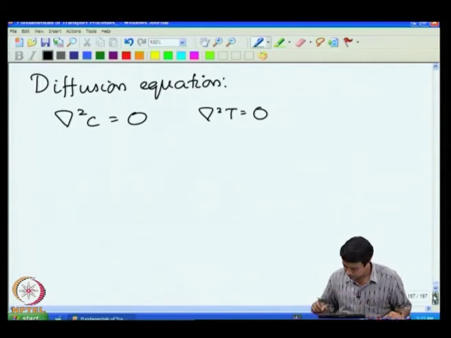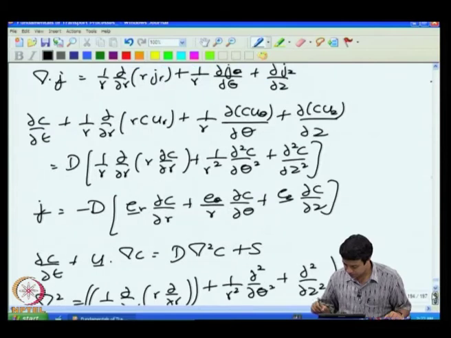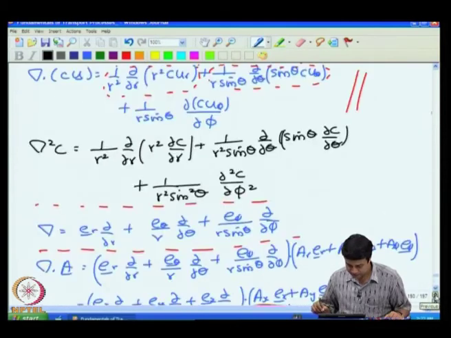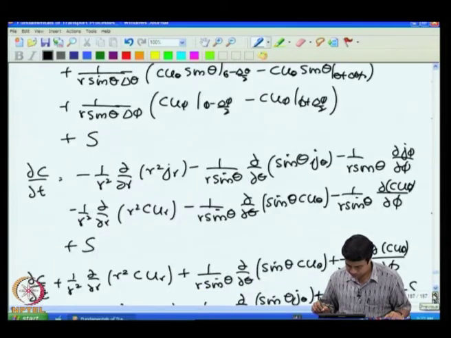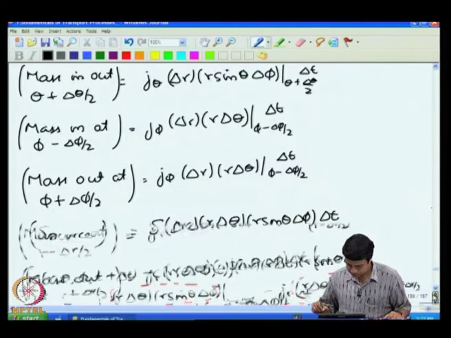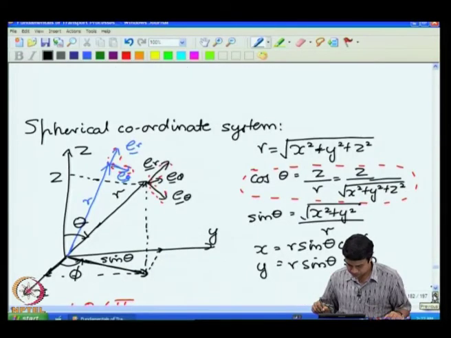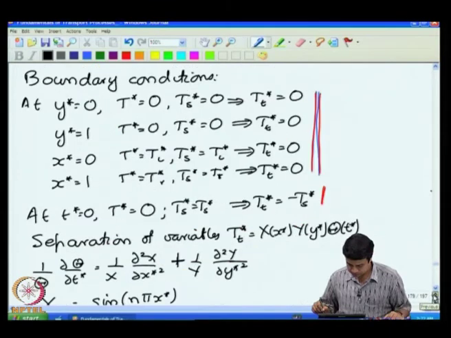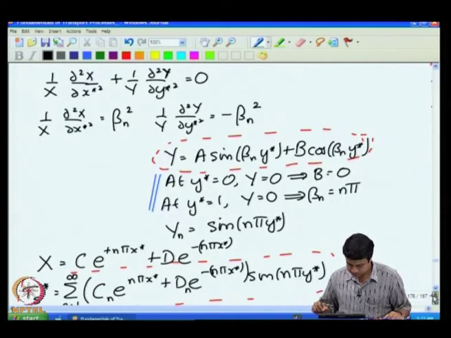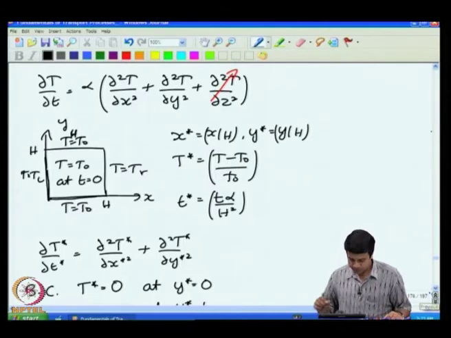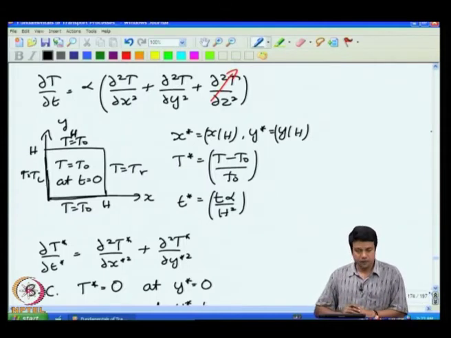If you recall, we already did the transport due to a heated cubic surface. So, we had solved this problem of a heated cubic surface, the unsteady problem, partial T by partial t is equal to alpha times partial square T by partial x square plus partial square T by partial y square.